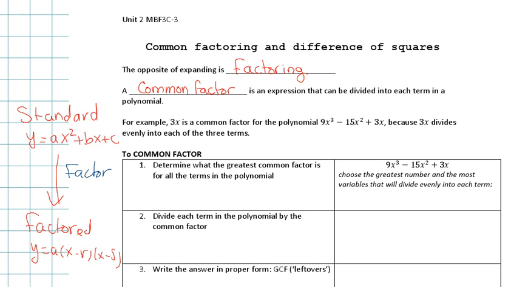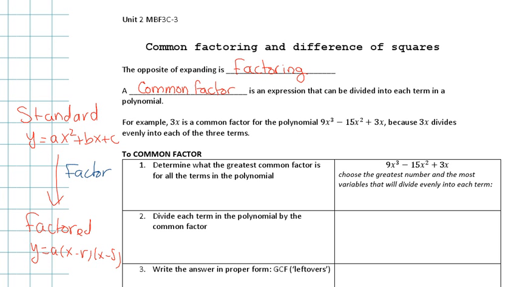A common number that you can divide 9 by, 15 by, and 3 by. 3, yes. So I can divide all three terms by the number 3, and I will still have whole numbers, right? If I divide this by 3, it's going to be 3x cubed. If I divide this by 3, it's going to be 5x squared. If I divide 3x by 3, I'm going to get an x, right? So that's good. So the number 3 is called a common factor because I can divide every single term by it.